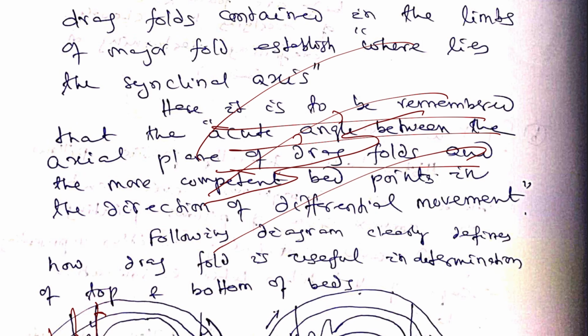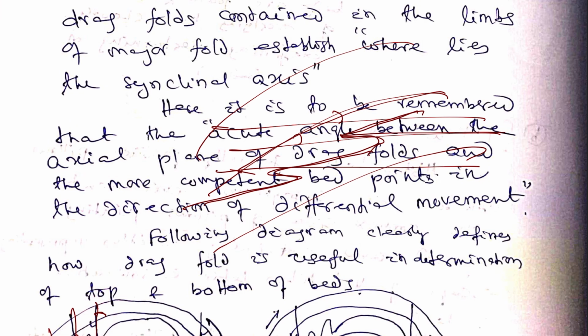The acute angle between the axial plane of the drag fold and the bedding always points along the direction of differential movement. This fact we have to remember. And the beds always move away from the synclinal axis, that we have to remember.